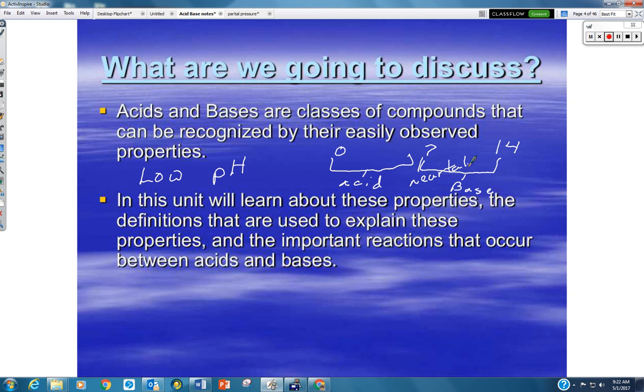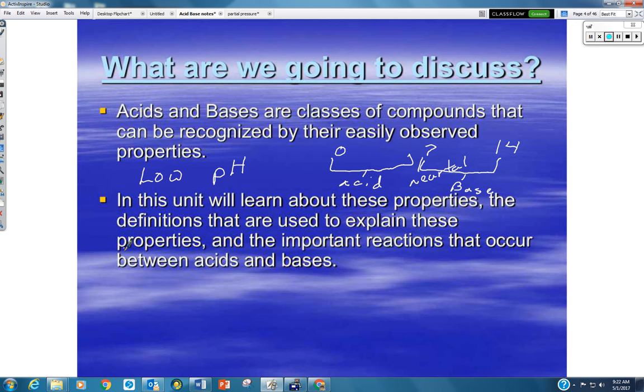It's a pH of 7. But water is going to either act as a proton donor, giving away a hydrogen, which would make it an acid, or a proton acceptor, taking on an extra hydrogen, which would make it a base, just depending. All right, so that's one property of acids: pH.